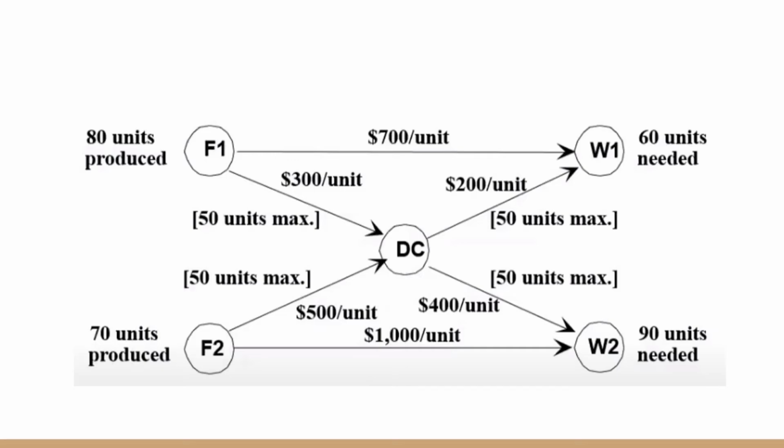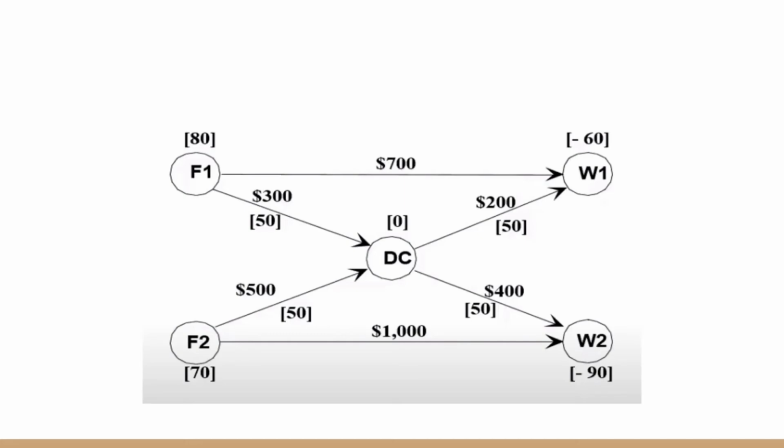So next we'll take a closer look at the network model. You see we have identified all the nodes: F1, F2, W1, W2, and the distribution center.